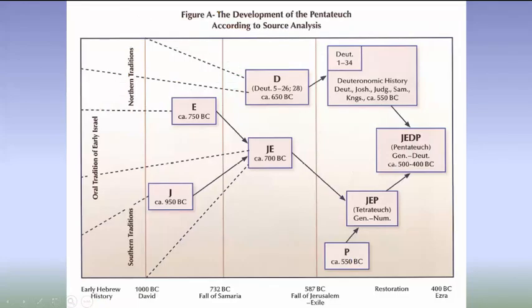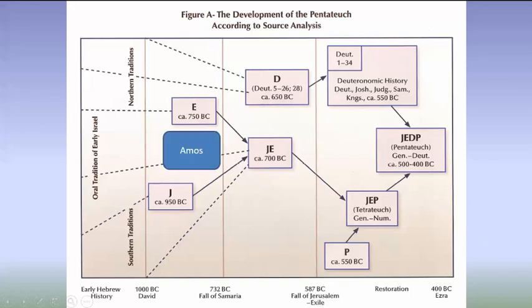There's another problem with the documentary hypothesis that I want to bring out with the JEDP theory. So here's the approximate timeline of the different sources. You see J, E, D, the combination of J and E, and then the P source, the combination of J, E, and P, and then the final redaction here during the time of Ezra the priest.